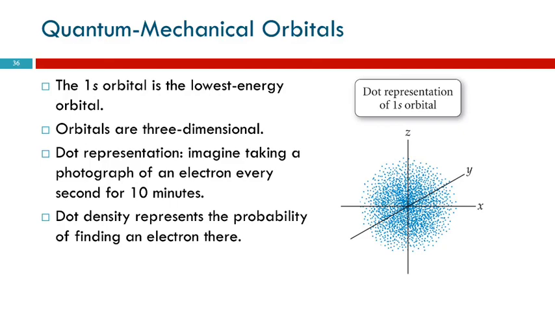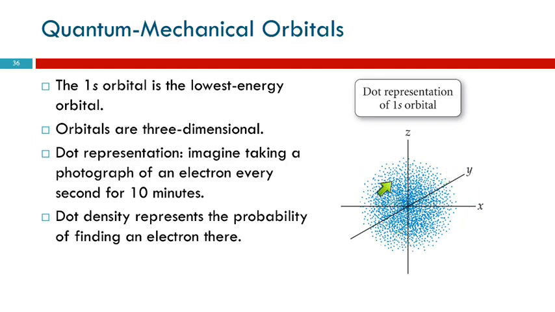So let's look at the lowest energy orbital. So if we have a three-dimensional grid here, and these are dot representations of where the electron is. So you could imagine taking a multiple exposure photograph, where you take a picture, and then 30 seconds later, you take another picture, and every time you open the shutter, the electron is somewhere else.